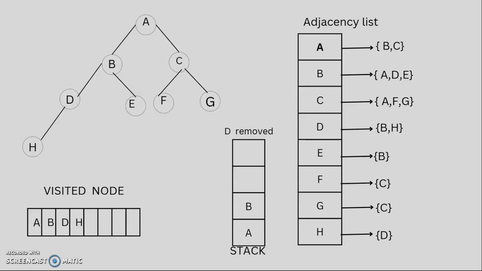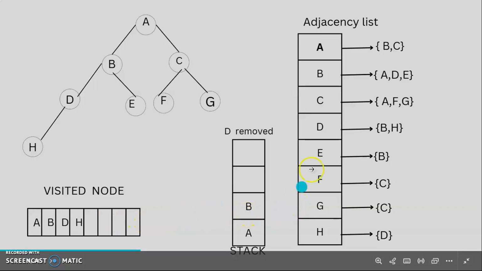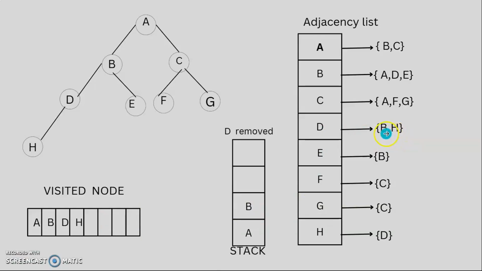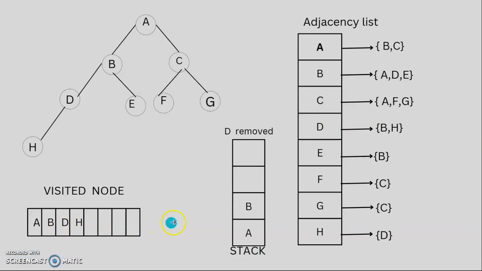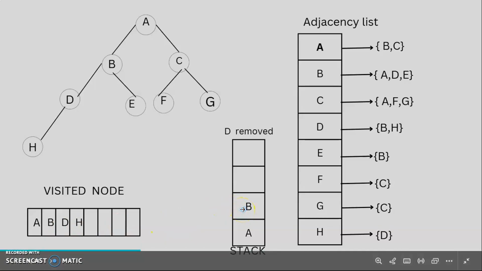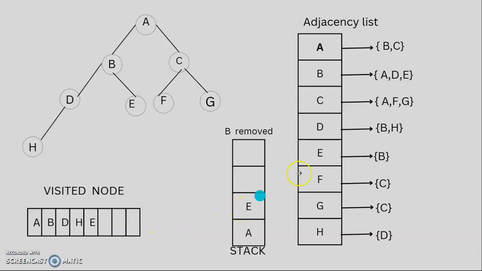So you remove D. When you remove D, now you refer to the adjacency list B and H. B and H are adjacent to D, but B and H are already available in the visited node list. That means you remove the next node from the stack, that is B. When you remove B, you find the adjacency list A, D, E. A is already available, D is also already available, but E is yet to be visited.